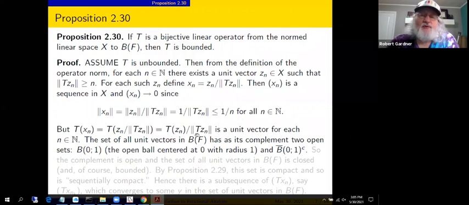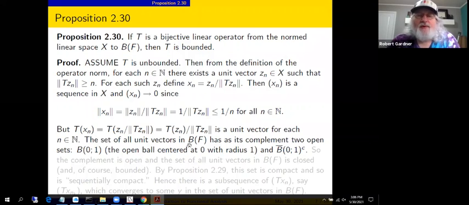Hey, this is a vector divided by its norm. Well, then that's a unit vector, and that holds for each n. So here, the T of x sub n's are unit vectors. Up here, we see the x sub n's must approach 0. Now, we're looking for a contradiction, right? We've assumed unbounded, and we want to establish bounded.